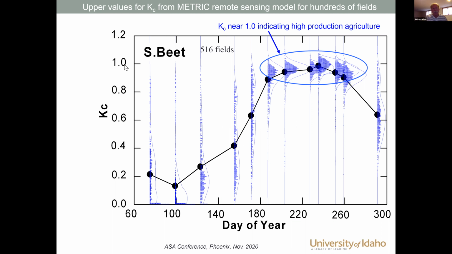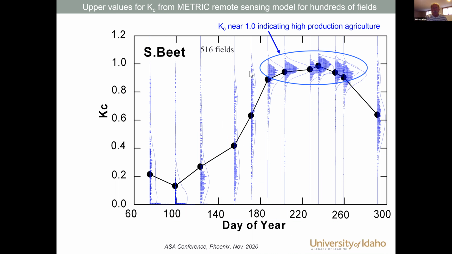In this case, again, we're expressing it as the crop coefficient. So actual ET from the field divided by, in this case, an alfalfa reference ET. And so a value of 1 means that these sugar beet fields and crops are evaporating and transpiring very similar to the alfalfa reference amount, which makes good sense.